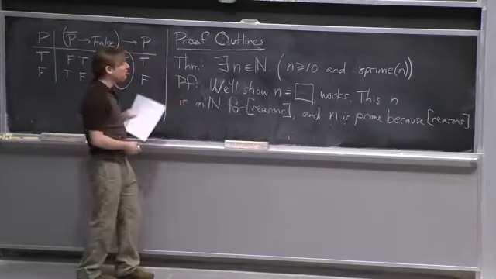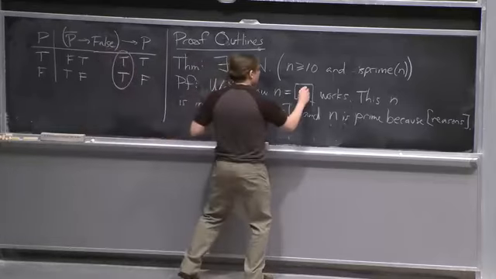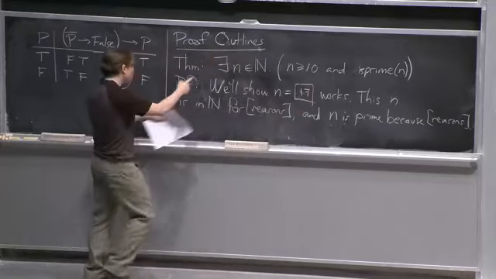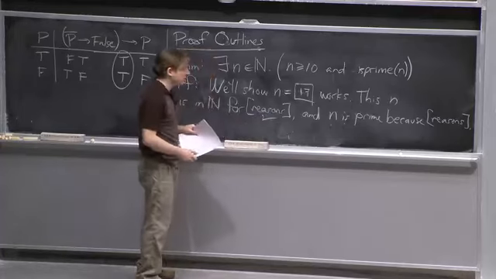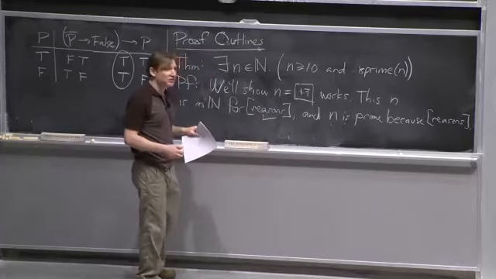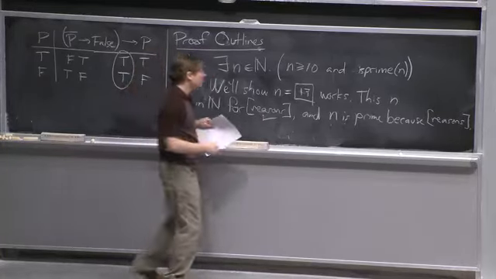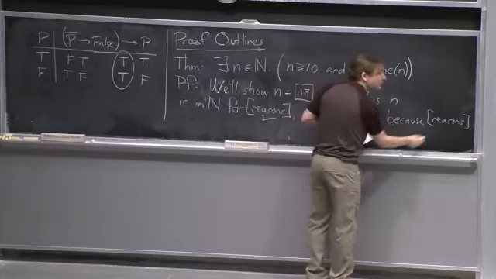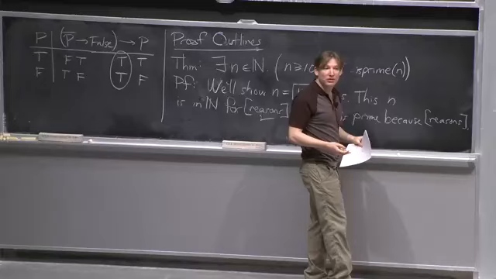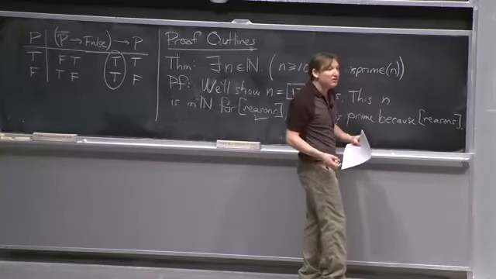In this particular problem, we're going to say we'll show n equals 17 works. This number 17 is a natural number because, well, yeah, I don't know how to convince you of that if you're not sure of that. And n equals 17 is prime because, and this is where we should, if we want to be super careful, check all the possible factors.